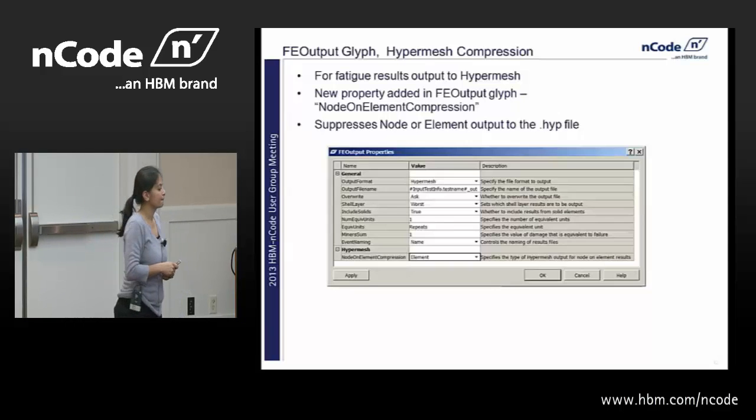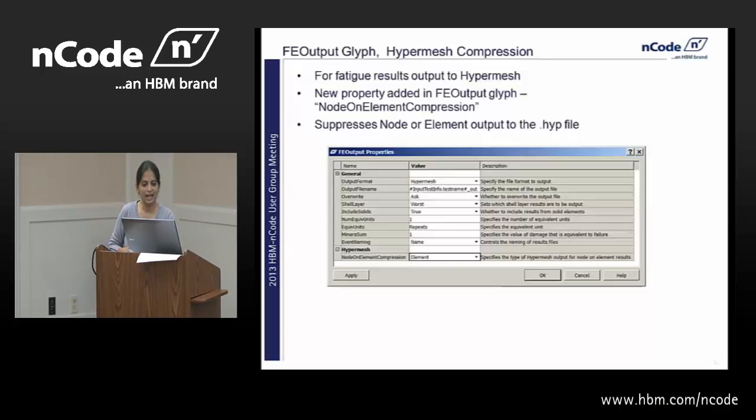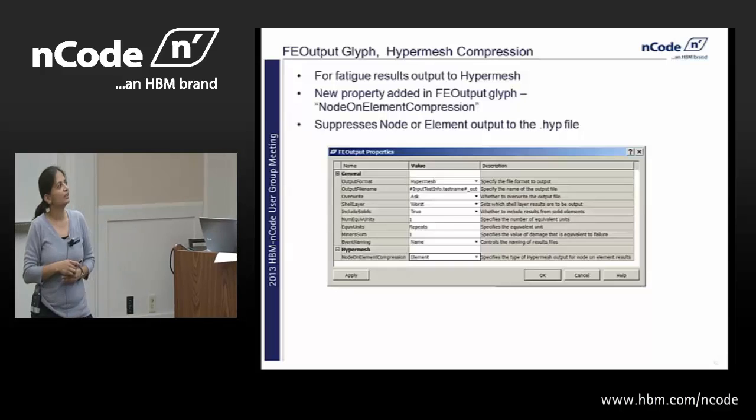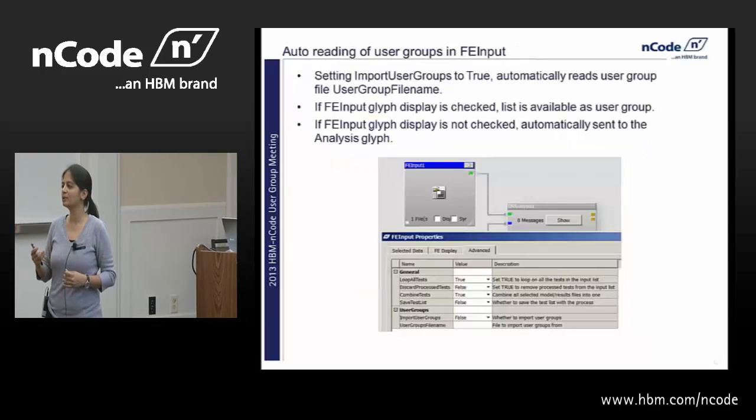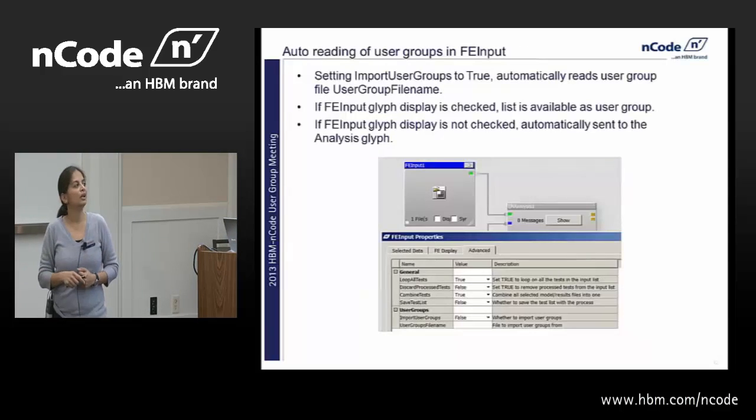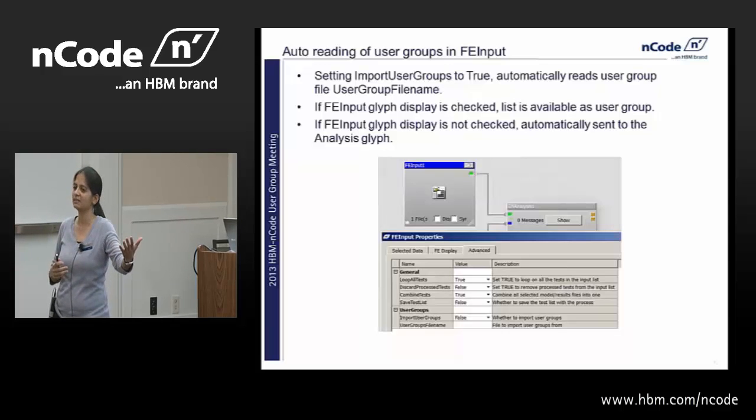And then the second to last one. This is actually more useful for people who use ANSYS, for example. If you have user groups that are created in ANSYS, or if you write them out from a pre and post, and a user group file exists in your current working directory, which is basically an ASCII file with a list of nodes or elements, DesignLife will automatically pick that up when you drag and drop the result file onto the FEInput glyph.